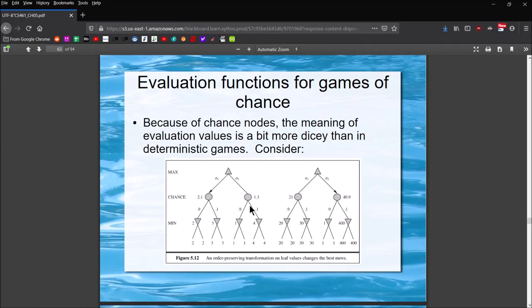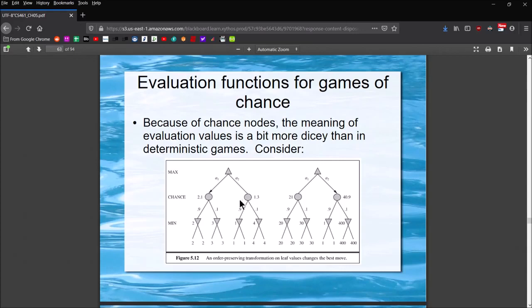For move A2, we'll end up having the chance of choosing this 1 node, this 1 value Min move, to be 90%, and then the chance of choosing the 4 valued position to be 10%. So what does that mean? Well, if you look at the chance node values, you've got 2.1 on the left hand side and you've got 1.3 on the right side.